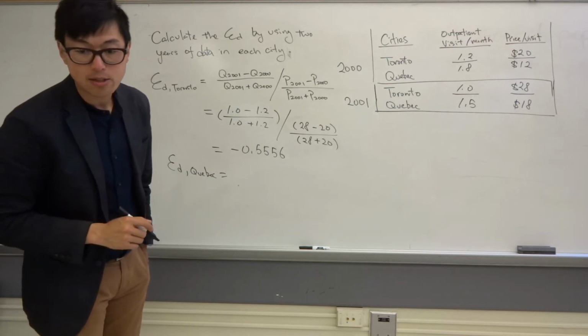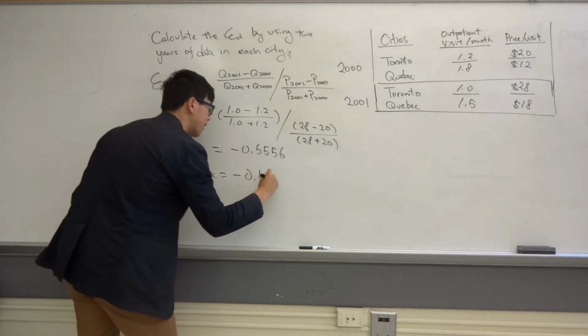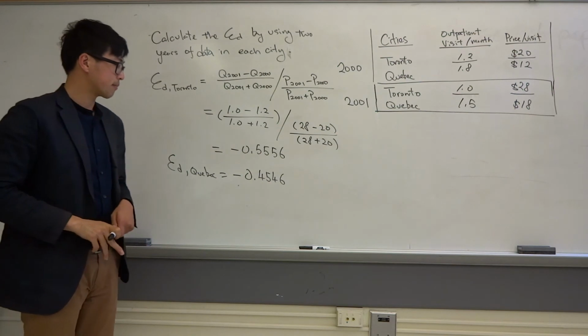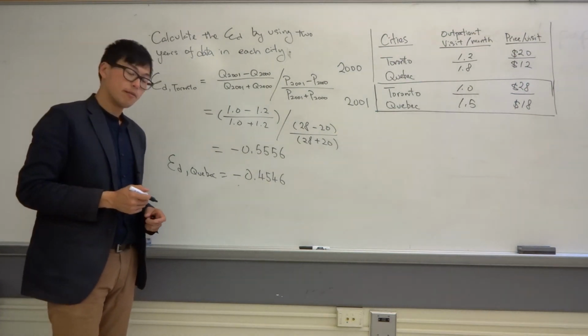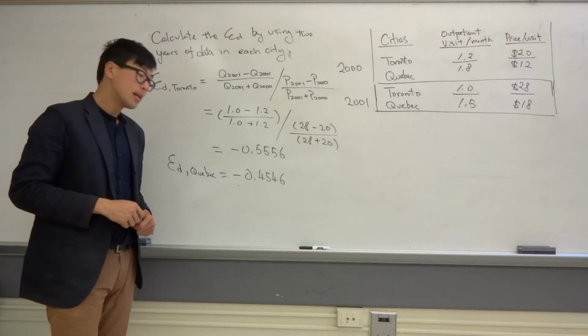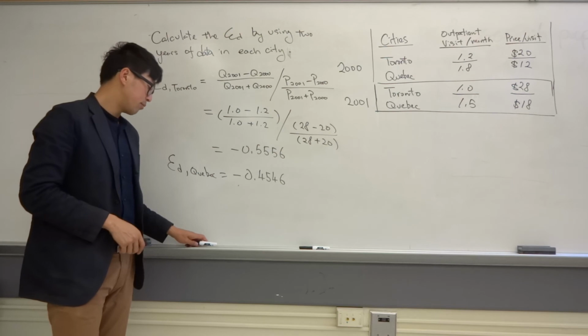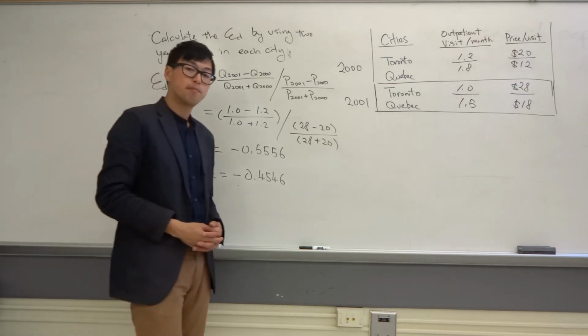The final answer that I got is negative 0.4546. So for every 1% change in price for the outpatient service in Quebec, it will result in a 0.4546% change in quantity demanded for outpatient service in Quebec.